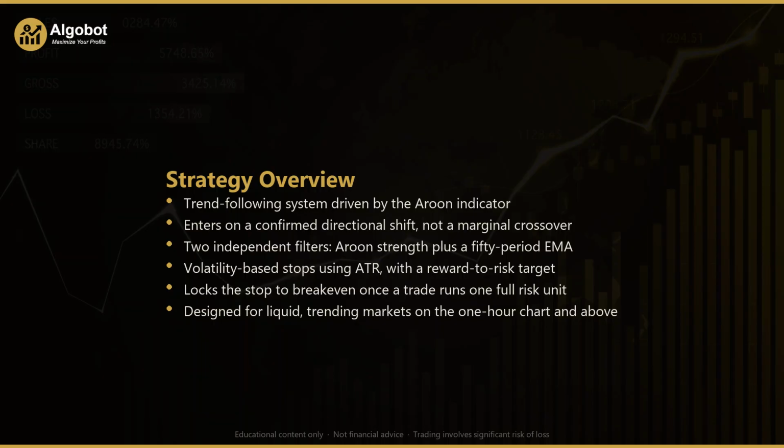For risk, the strategy leans on the average true range to size its stop to current volatility, and it sets a take profit as a multiple of that stop distance. This kind of approach tends to suit patient, trend-oriented traders who are comfortable on the 1-hour time frame and higher, and who prefer liquid instruments like major currency pairs or metals. As always, this is educational information, not financial advice, and trading always carries the risk of loss.